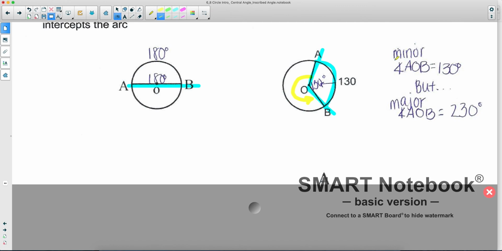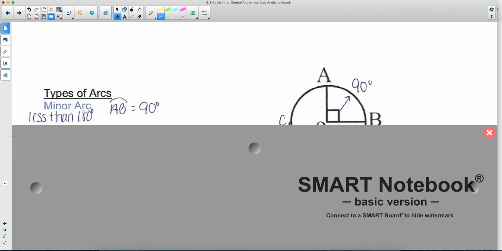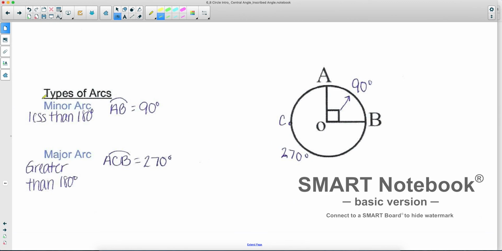So we introduced minor and major, and we talked about this in previous lessons. A minor angle is going to be an angle that's less than 180. A major angle is one that's going to be greater than 180. We really talk about minor and major arcs, but in terms of angles, it also applies. So down here, we have those definitions for minor and major arc. If this arc AB is 90 degrees, that's going to be my minor arc because it's less than 180.